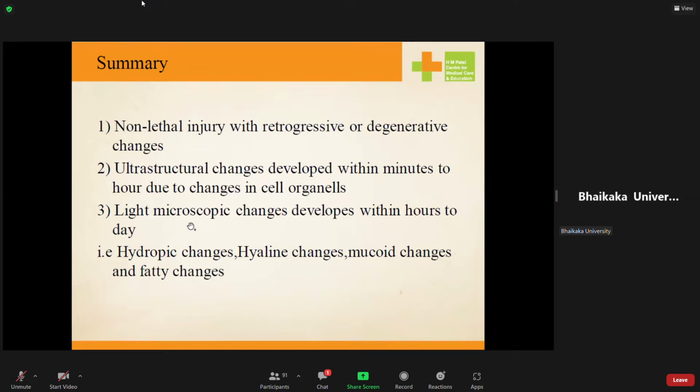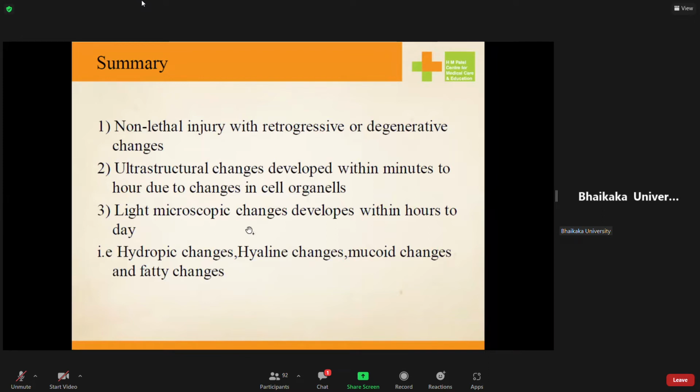Light microscopic and gross changes are seen within hours to days after the injury. The different morphological forms of reversible cell injury are hydropic changes, hyaline changes, mucoid changes, and fatty changes. So these are the morphological changes seen in reversible cell injury.